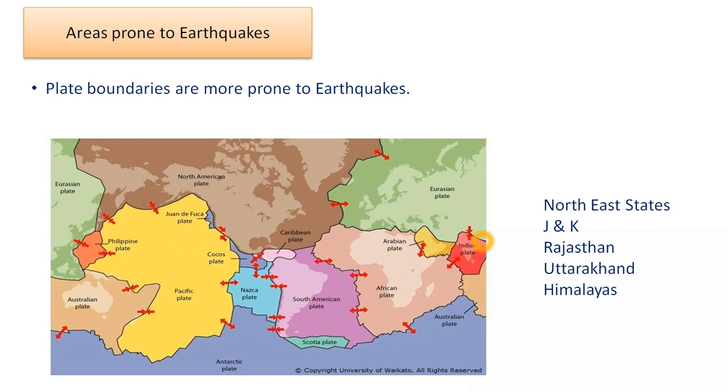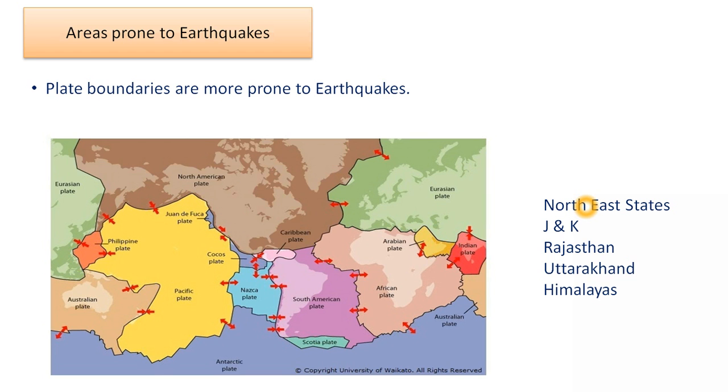Rajasthan, Uttarakhand. These are the states which are going to be more impacted in India. So the places that are going to be more impacted are the Northeast states, J&K, Rajasthan, Uttarakhand. Most of these places are located towards the northern half of the country. So these are some of the places which will be more prone to earthquakes.